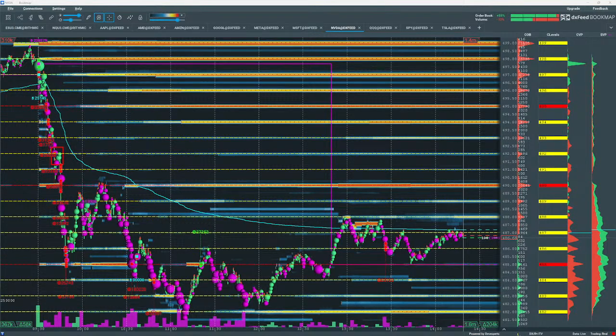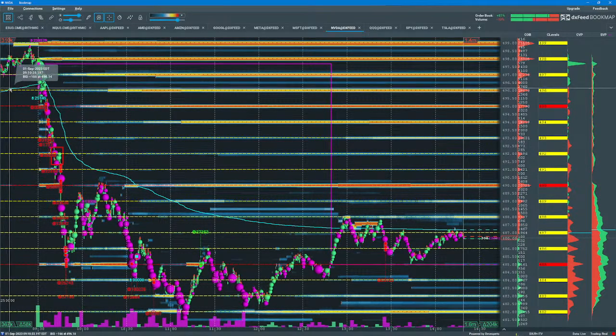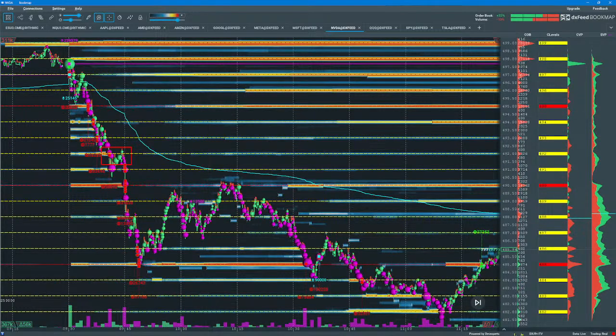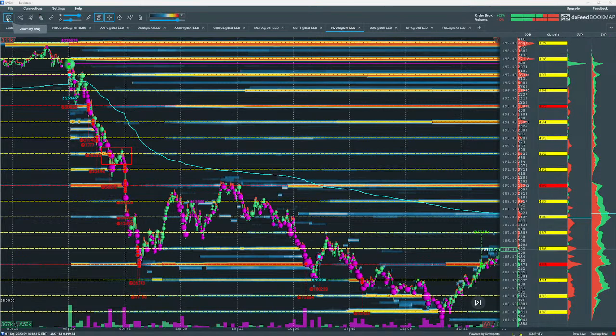Actually, let me zoom in. So here's that alert that was shown in Hero. Great entry point, and then the next entry point at 490, short at 490.